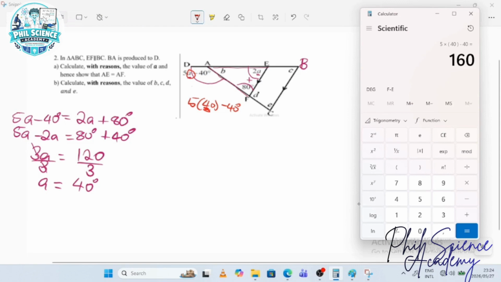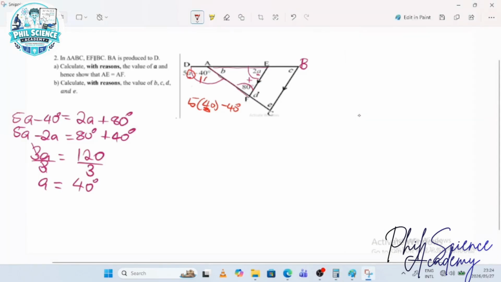So 5 times 40 is 200, minus 40 degrees is 160. So this angle here is 160 degrees. And then here, where there is A, you put 40 degrees, so it's 2 times 40 degrees. So this angle here is 80 degrees.